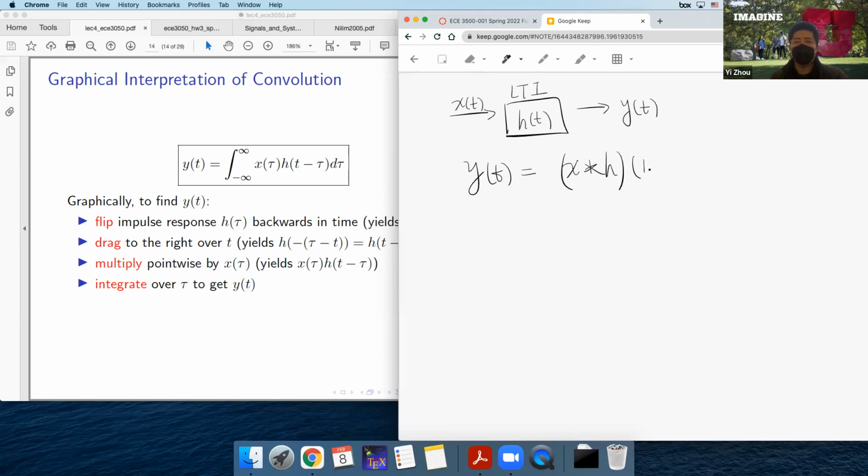This is how we write the convolution notation. Precisely, this convolution is defined as the integration of x(tau) h(t minus tau) d tau.